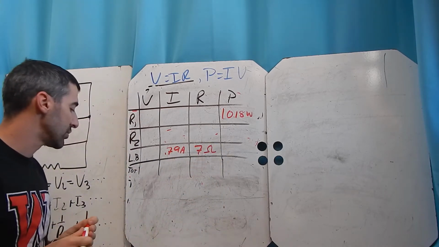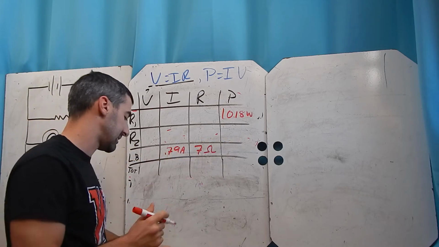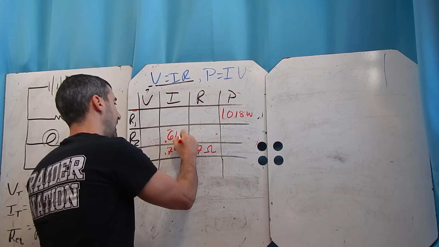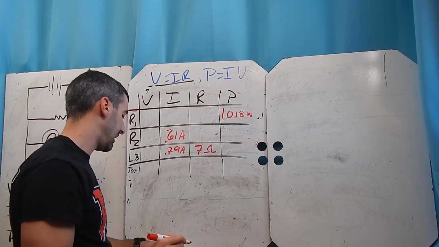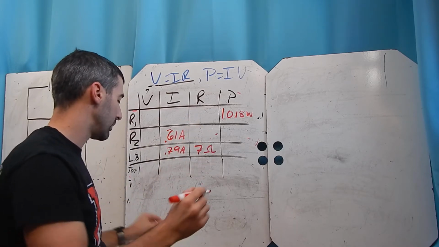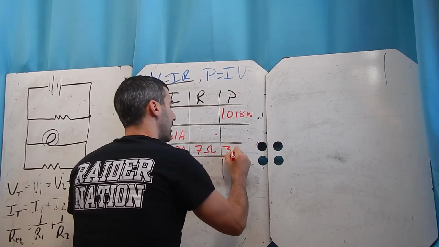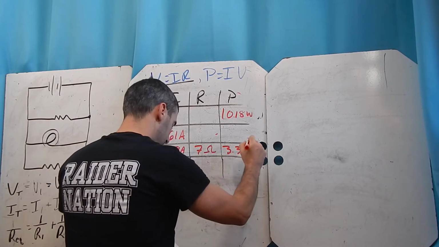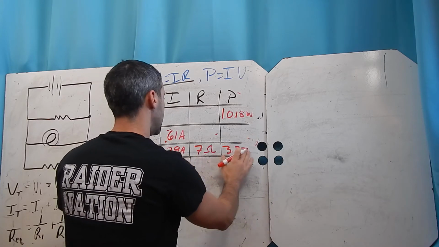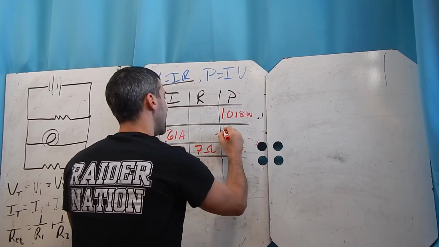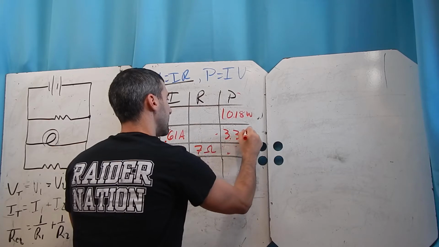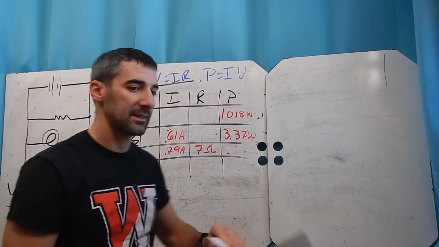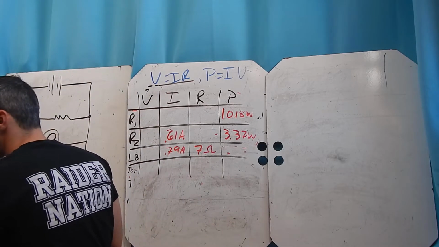And then I told you the current at the other resistor was 0.61 amps, and the power was 3.37 watts. Perfect. So now we go and start solving things.